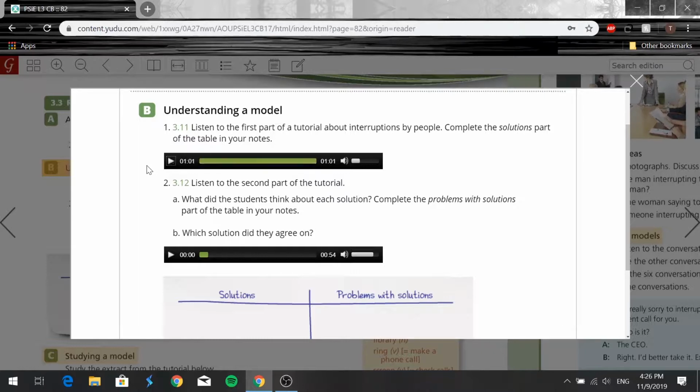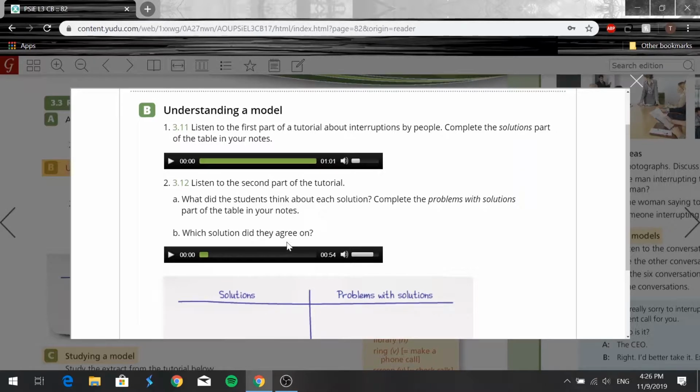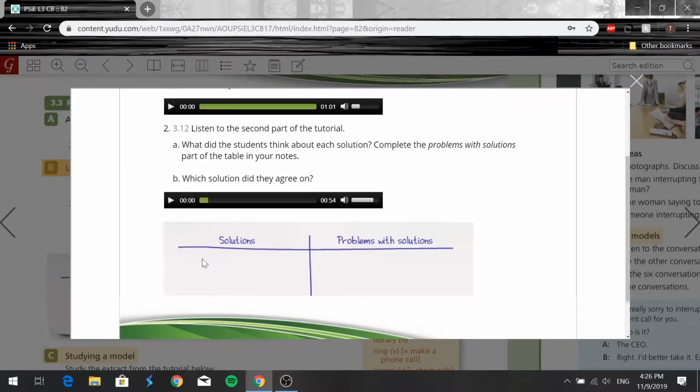Alright, so that was an interesting audio, right? So for solutions, for one, Mark said that we could tell the people, known as the time thieves, the people talking to you when you should be studying or getting work done, to go away. All of these interruptions, what can you do about it? The first solution would be to simply tell them to go away.